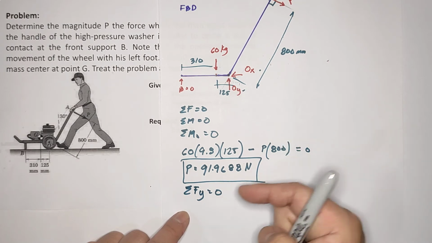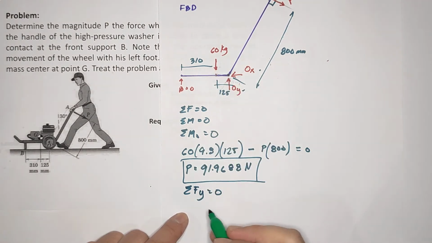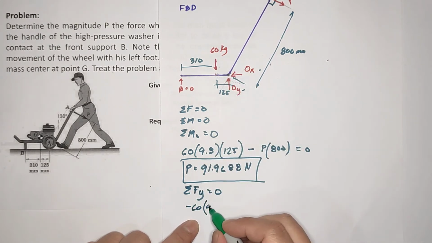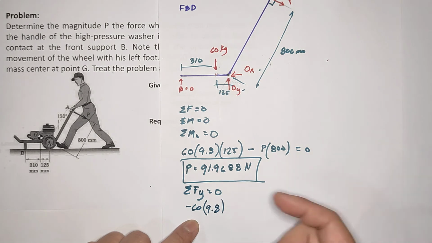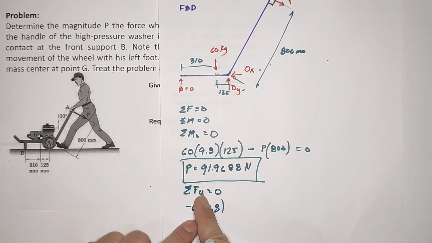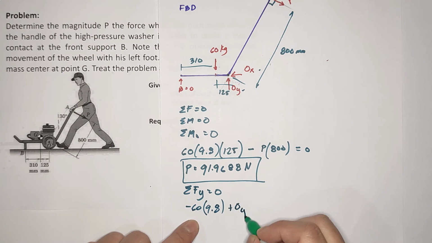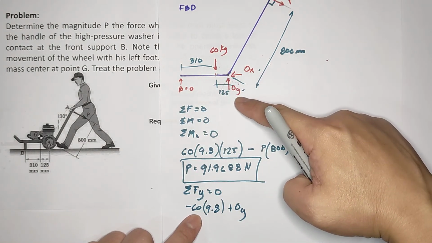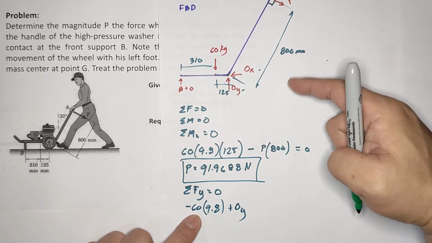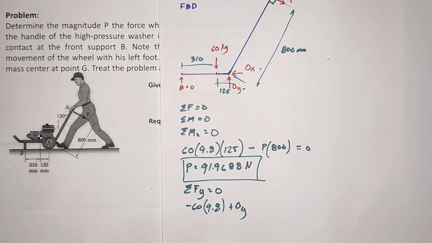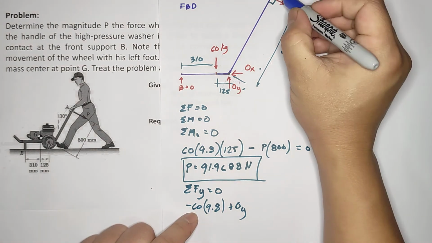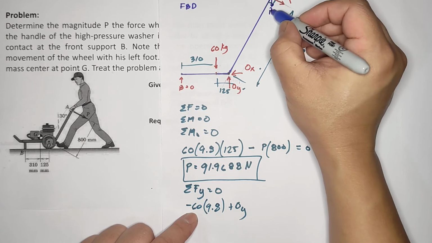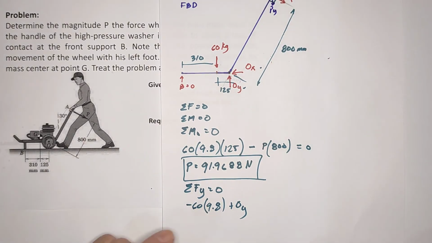What are the forces in Y? You have the 60, so negative 60 times 9.8. There's no distance anymore because this is force. Then you have positive O_Y. Then O_X is in the X direction. Of course, you must have the components P_X and P_Y.